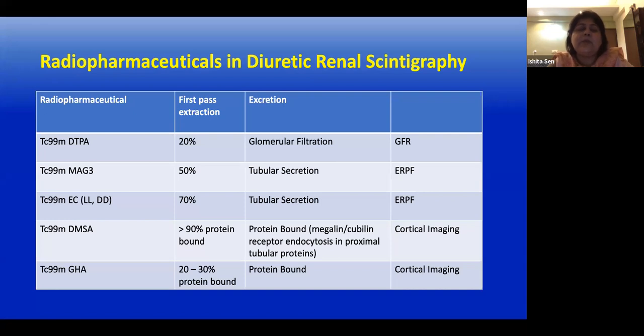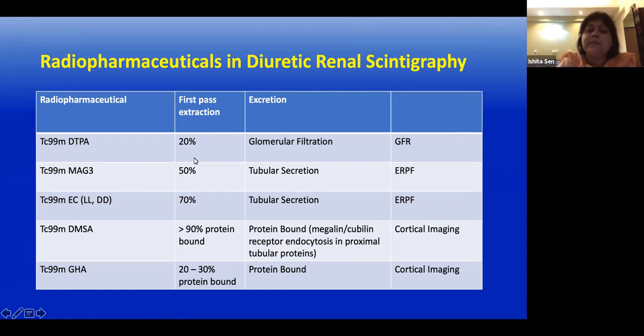So if you quickly go through the radiopharmaceuticals which you use, we start with diuretic renal scintigraphy. We have agents like DTPA, MAG3, EC, which is LLEC, DMSA, and GHA. Out of this, DTPA is what is most commonly used, and it is a pure glomerular filtration agent.